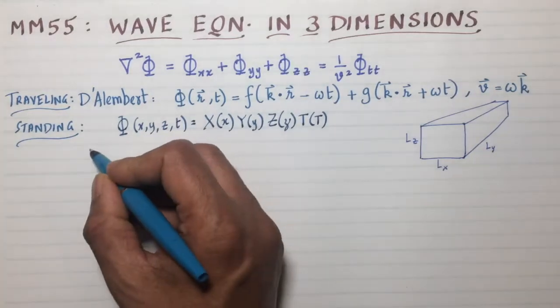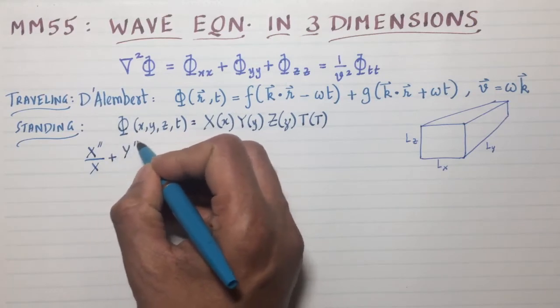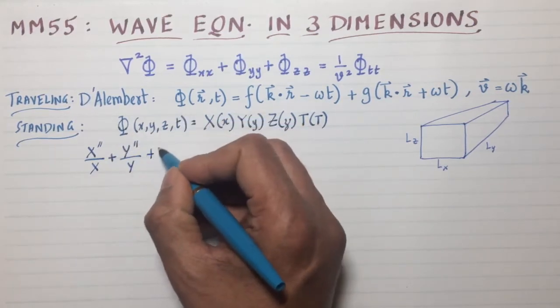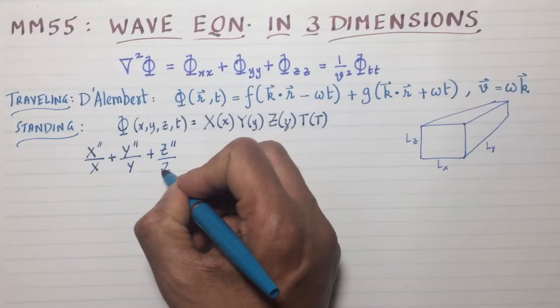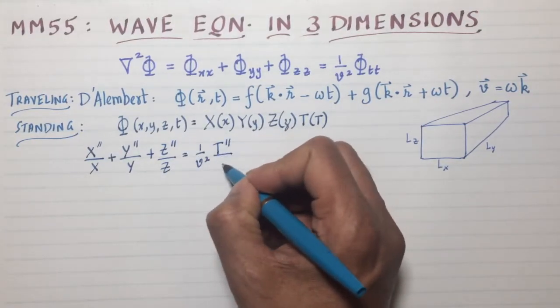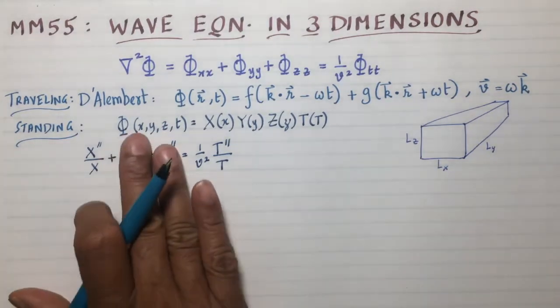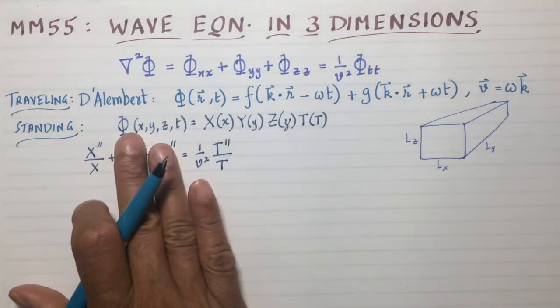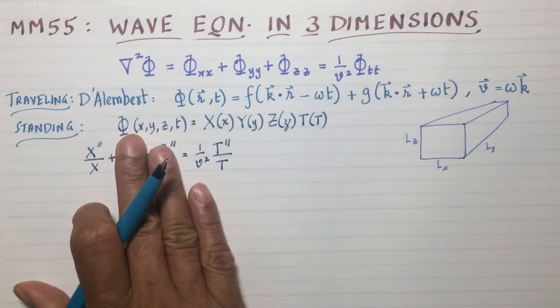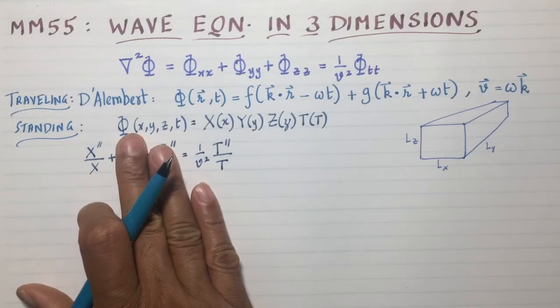When you do that, you're going to end up getting x double prime over x plus y double prime over y plus z double prime over z equals 1 over v squared t double prime over t. This is just a generalization of what we had before, where we just had x double prime over x equals 1 over v squared t double prime over t for the 1D case. This is just a 3-dimensional generalization of the 1D case.